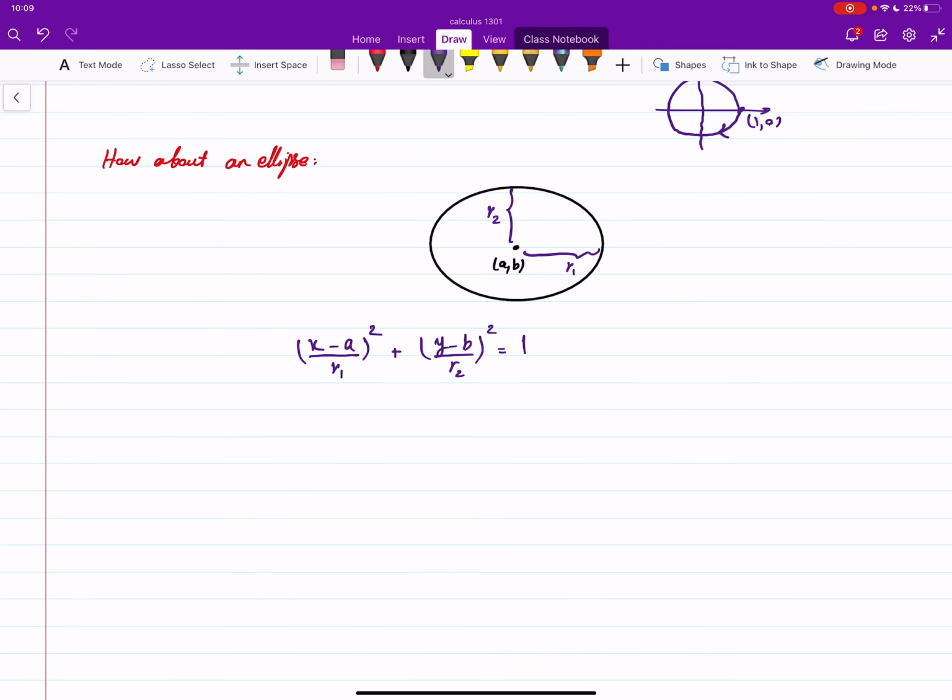And when r1 is equal to r2, this will give you the equation for the circle.